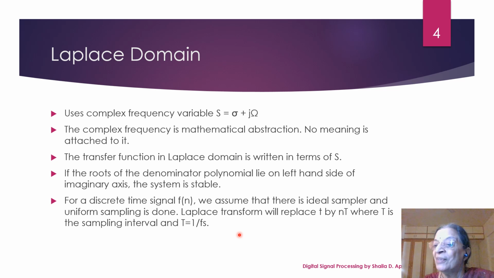Similarly, we are considering that the sampling is uniform, in the sense that we are taking the corresponding samples at regular intervals of time. This regular time interval is called capital T, the sampling interval. When we write the signal as f(n), actually it is f(nT), and that capital T is usually dropped.